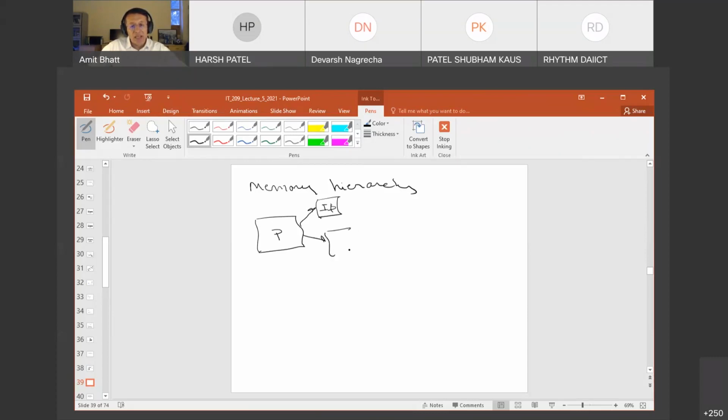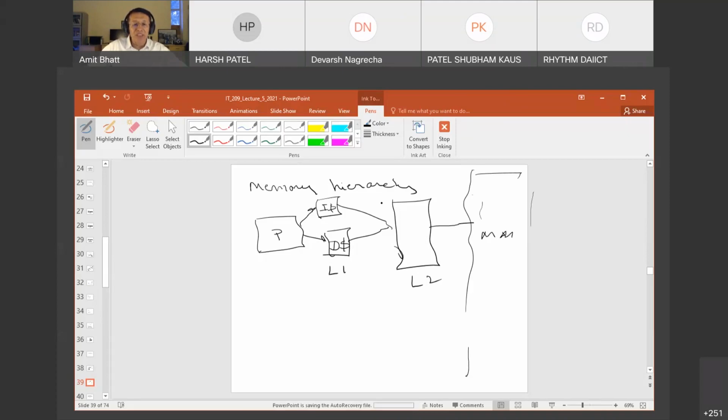This is the data cache. This is L1, so level 1. And then there is a unified cache, which is larger than this. We call it L2. And then, let's just say there are only 2 levels, and then it goes to a very huge main memory, which is somewhere over here.